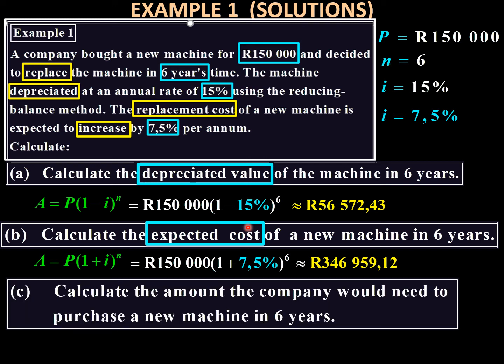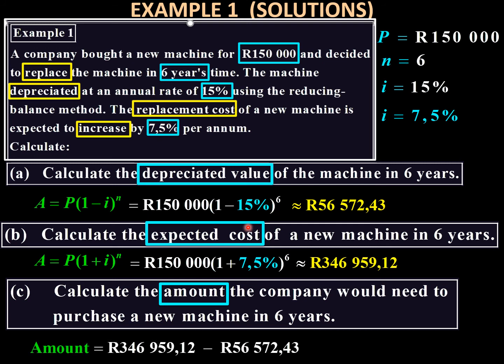Now we can calculate the amount of money that would be needed to purchase a new machine. This is the sinking fund that we have to calculate. The sinking fund is the difference between the two. If I calculate that difference, the amount that would be needed is 290,386 Rand and 69 cents, the difference between the growth and the depreciation.